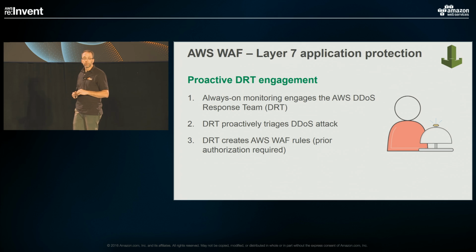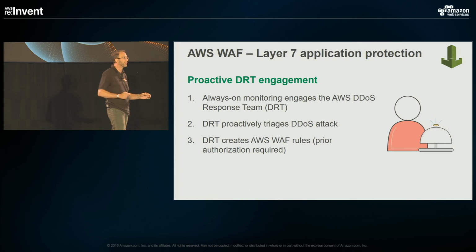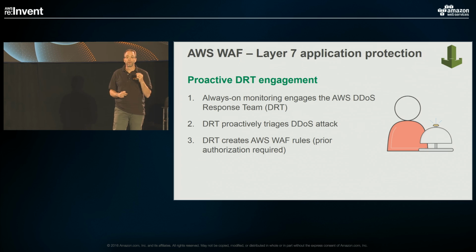Now, there's another option, where you can say, I want the AWS DDoS response team to engage proactively. So if we detect a layer 7 attack against your application that needs additional mitigation, and you have given them prior authorization in IAM using a CloudFormation template, they can go into your account, investigate, see what's going on, craft a rule for AWS WAF, and then with your confirmation, your authorization, they can apply that for you.